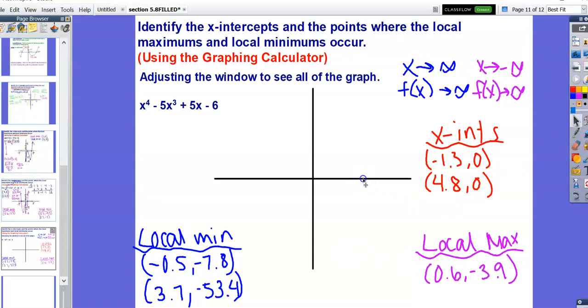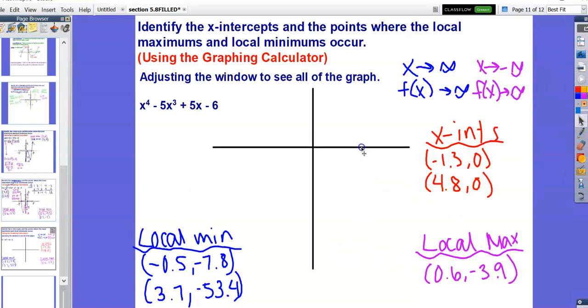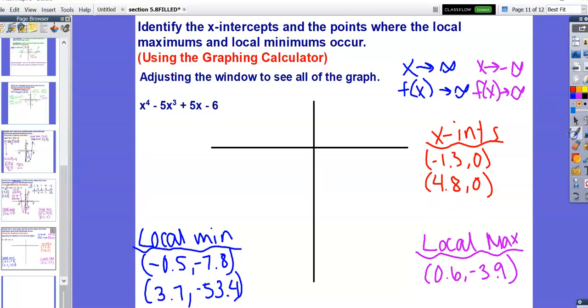So the last part is graphing. And notice how we didn't have a bunch of room up above the x-axis, but we had a lot of room below it. So I'm going to count out from 0 to negative 5 in both directions on the x-axis.